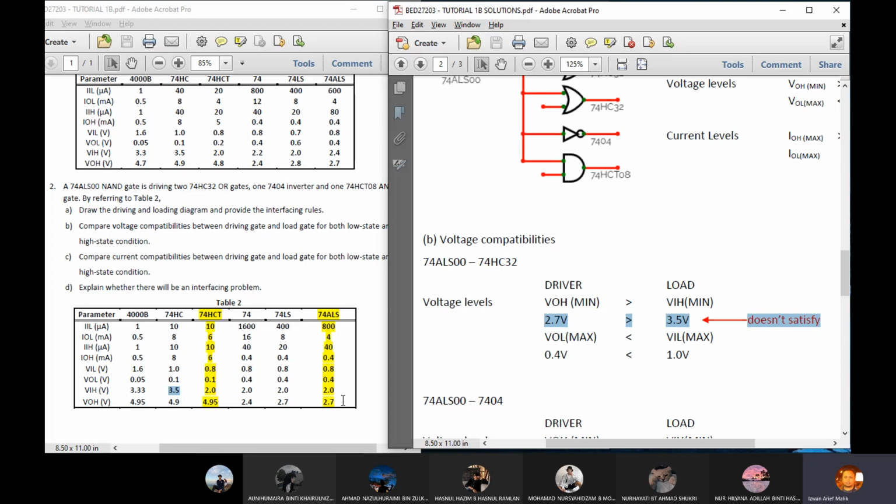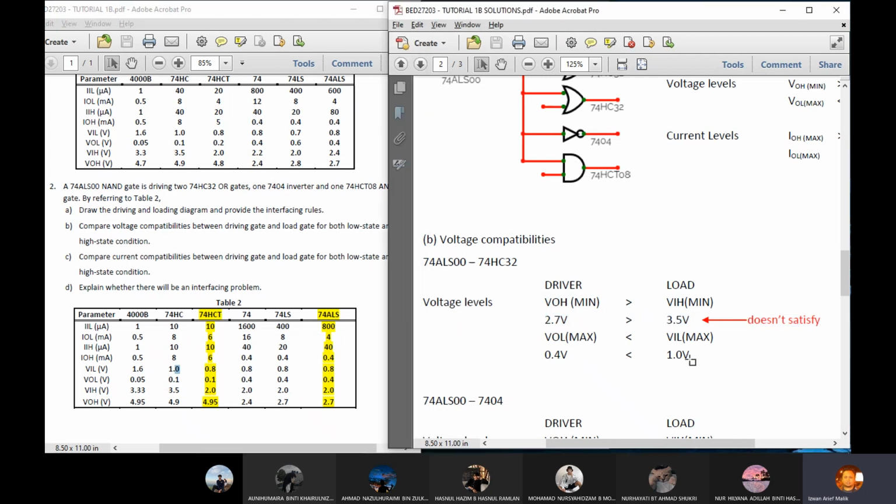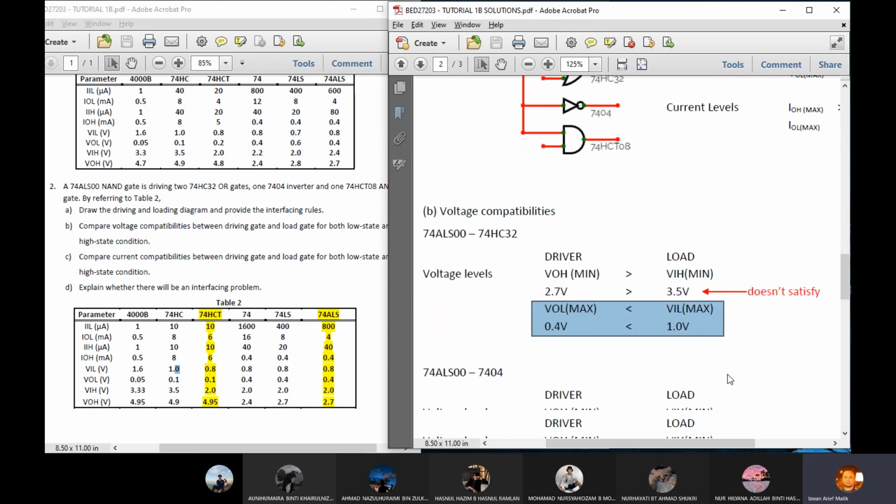For VOL, the value of VOL is 0.4 volt with 1 volt. So 0.4 is less than 1. So this one has no problem. Correct. This is correct. This one is correct. The one above is the one that is not correct.